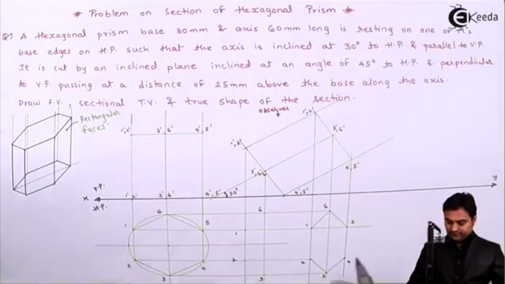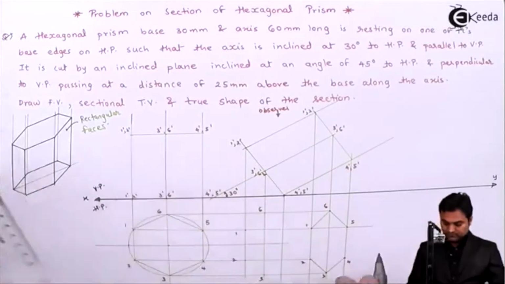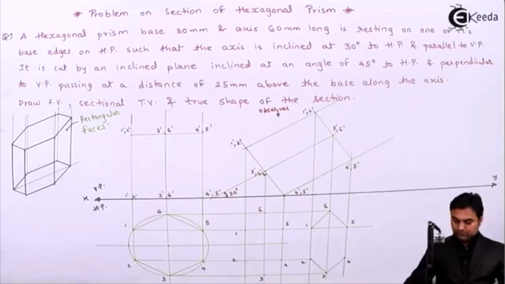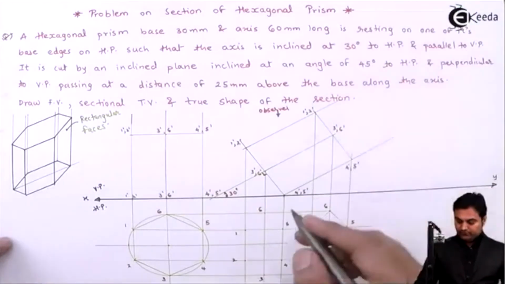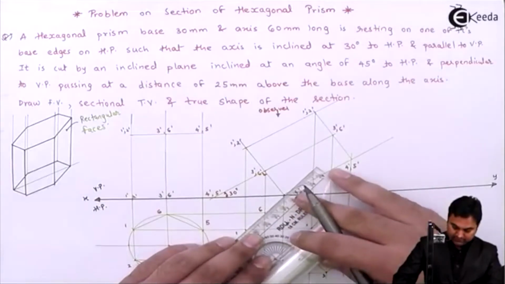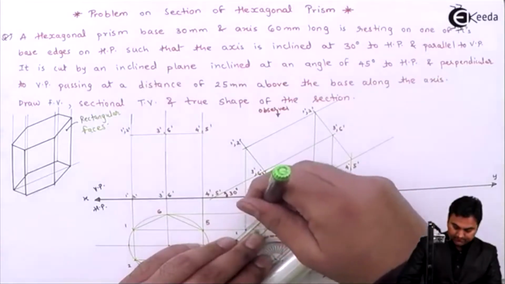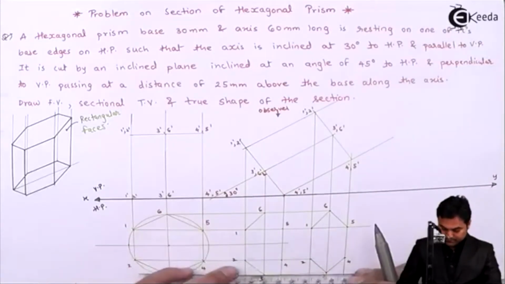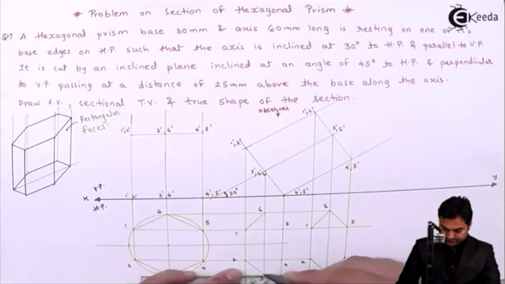Next 4 and 5. Now as an observer, if you are looking from top, the complete outline will be visible, so this will be connected, that is 6 to 1 connected, 2 to 3 will be connected, and 3 to 3 will be connected.